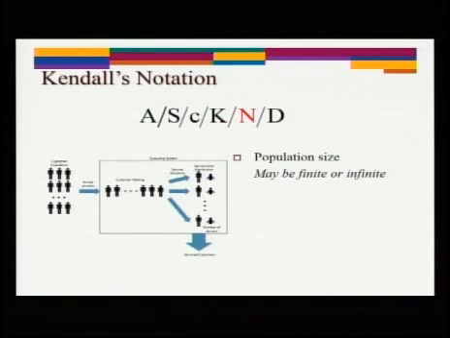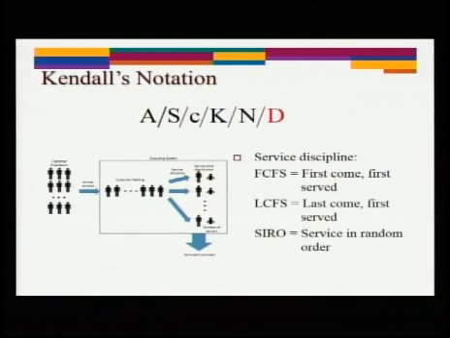The fifth character gives the size of the entire source population from which customers are drawn. It may also be finite or infinite, and it is omitted if infinity. And the last character shows the queue discipline or service discipline. The default value is first come, first served, so it can also be omitted if it's first come, first served.